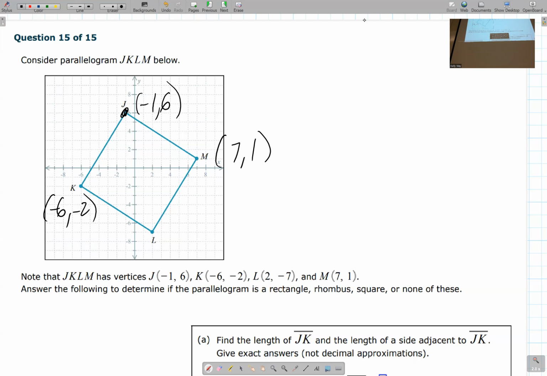Okay, let's check. Could you add 165 and 165, please? 330. So that does not equal 360.